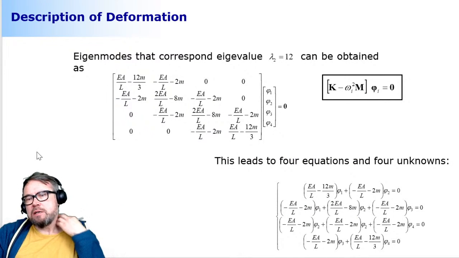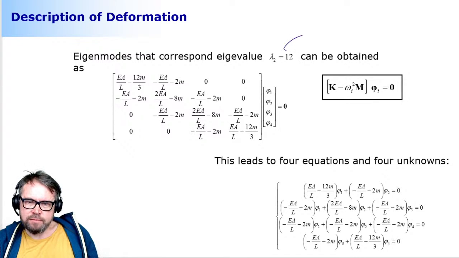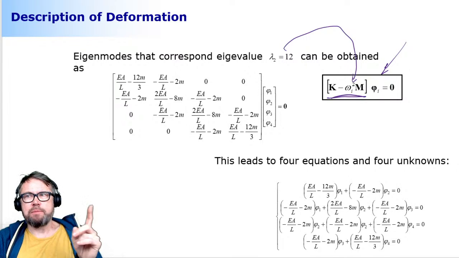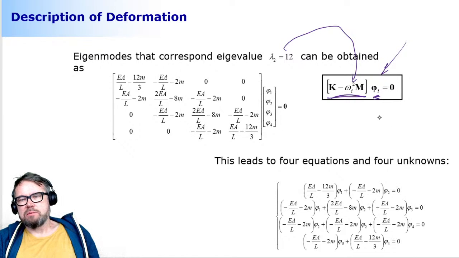All right. So I'm substituting 12 into this equation. It gives me the matrix multiplied by the vector. The vector is my unknown, the way the structure can deform. Now keep in mind that this is just the way that the structure can deform, because this symbol here, I think it is phi, can be multiplied by any number you want.